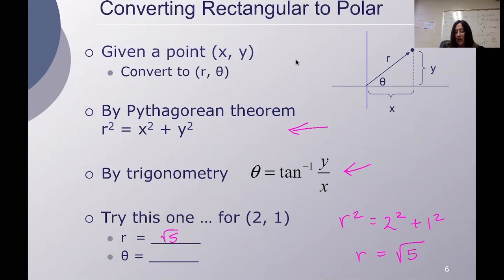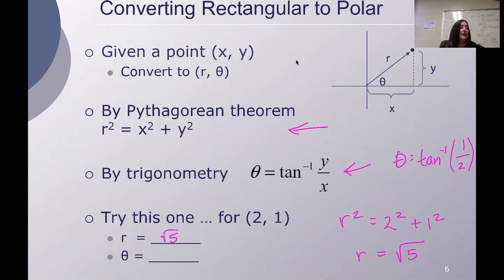Now, to find our angle, it would be the inverse tangent of y over x. So y in this case is 1, x is 2. You can use your calculator to do that and find when is tangent 1/2.